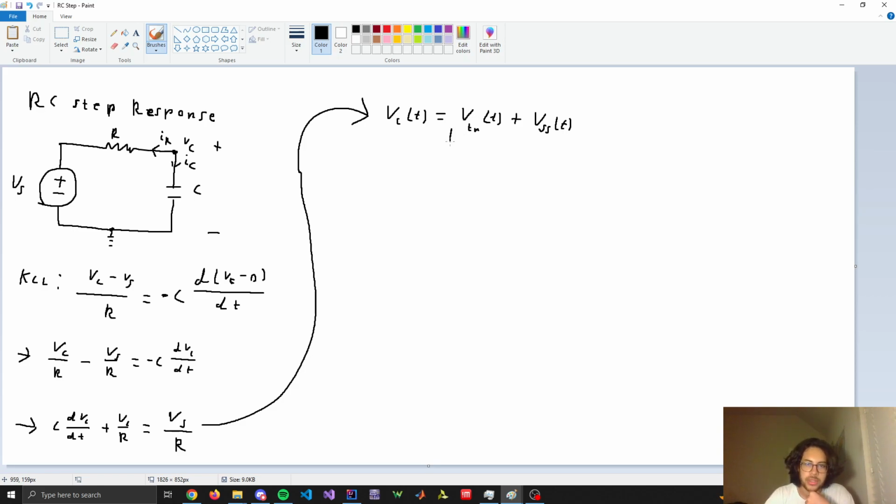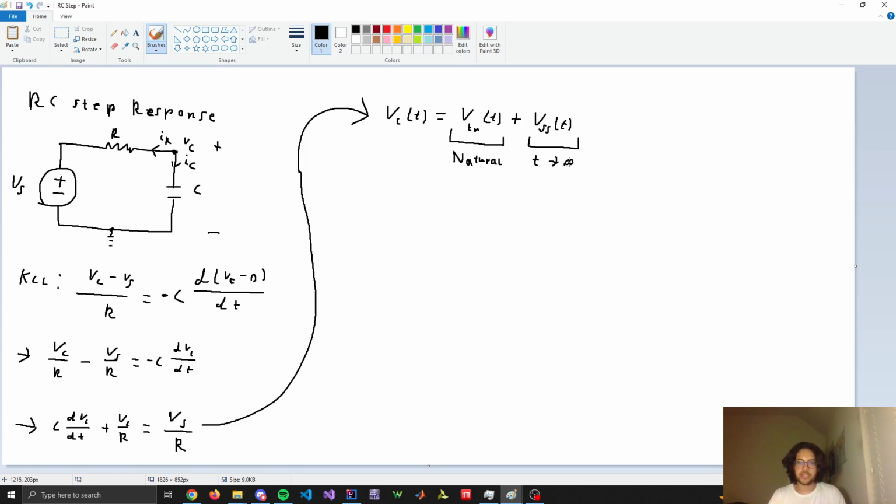So intuitively, the transient part, remember this is the homogeneous solution, or in other words, the natural. V transient is the natural response. And V steady state, remember the particular solution, well, that's when we're looking at the circuit as time approaches infinity.